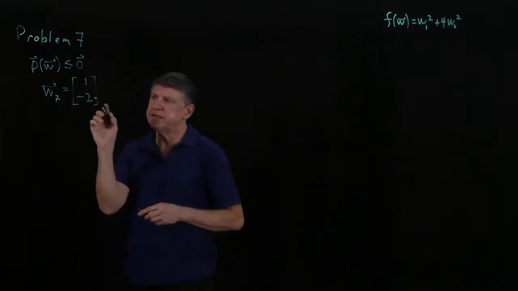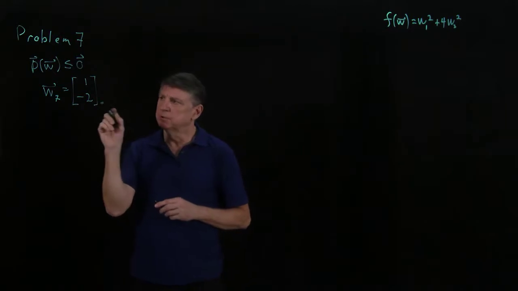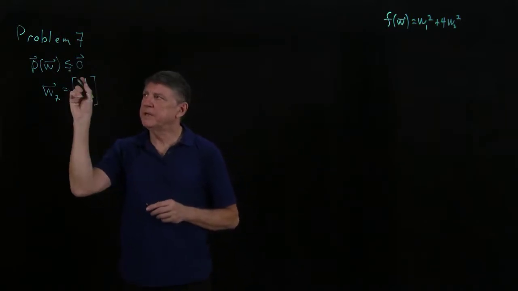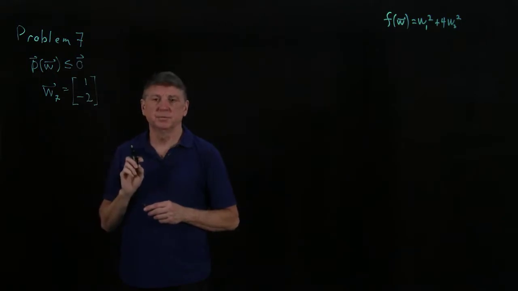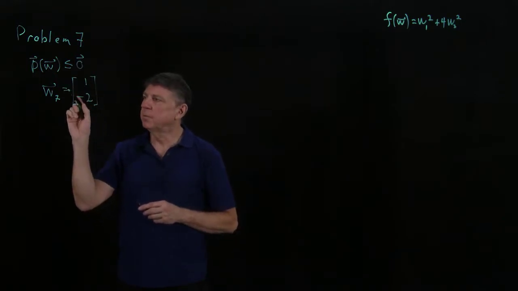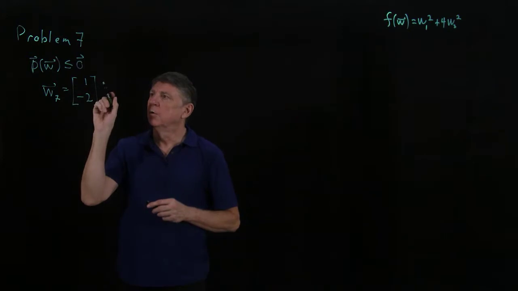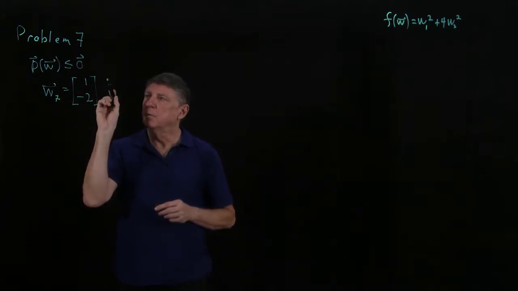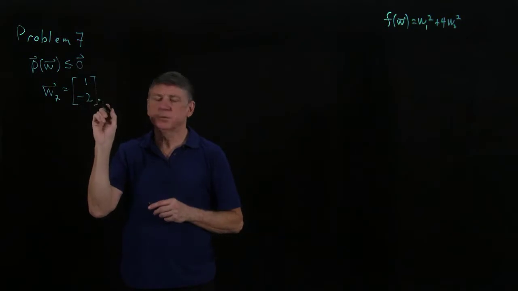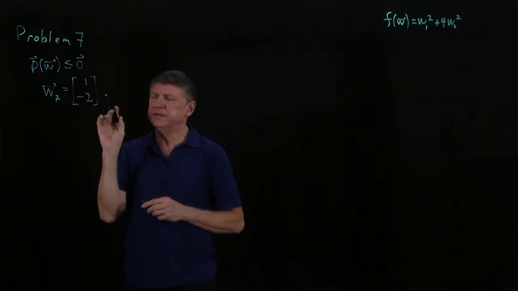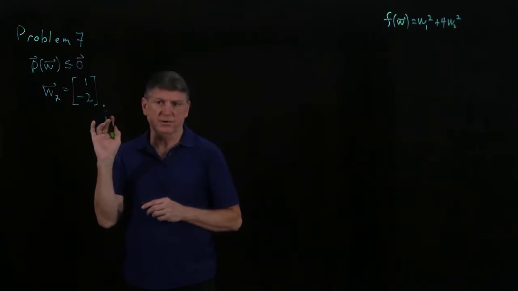Now let's take a look at this. The solution to property 5 only was 0, minus 2. The solution to property 6 only was, I think, 2.5 and minus 1.25. So this is definitely not either of those.